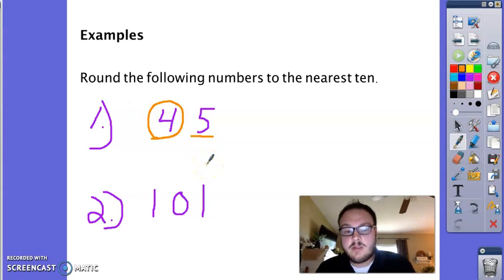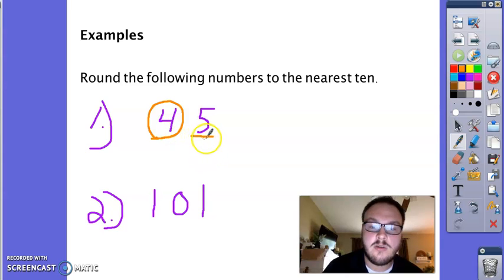The other way to think about this is on a number line. If we're looking at nearest tens, we know that the number 45 is in between the nearest tens of 40 and 50. When we're rounding, anything to the right of the circle is going to be zeroed out.